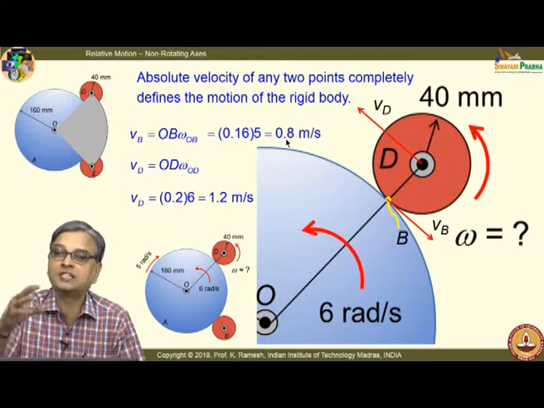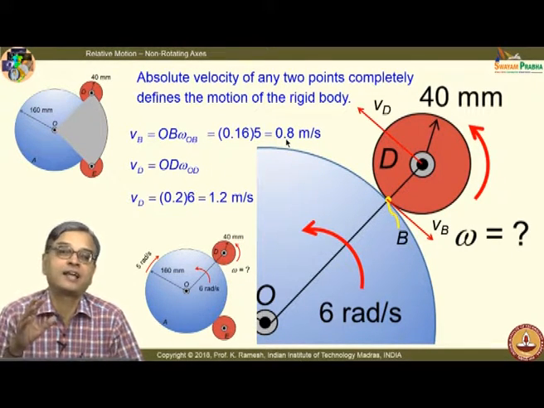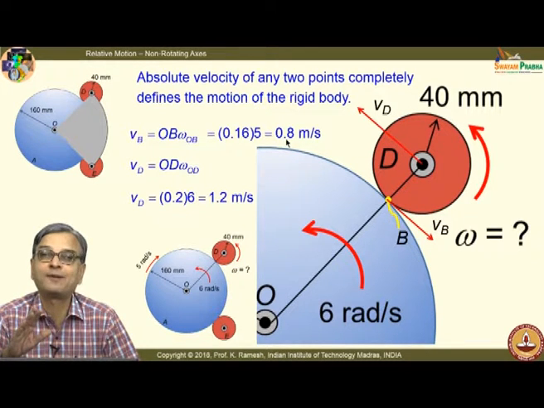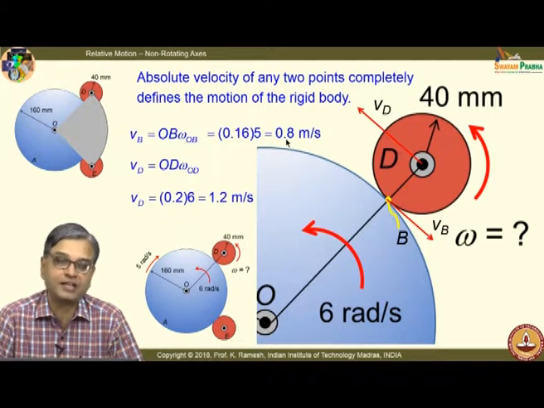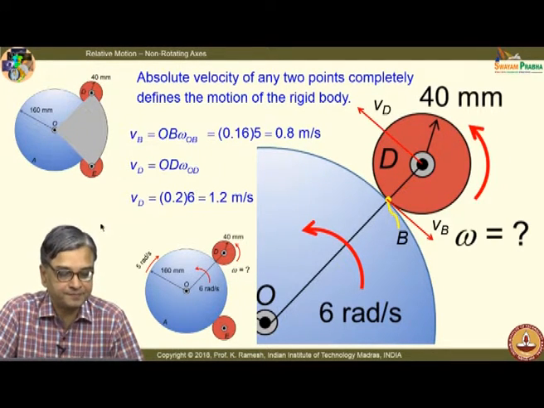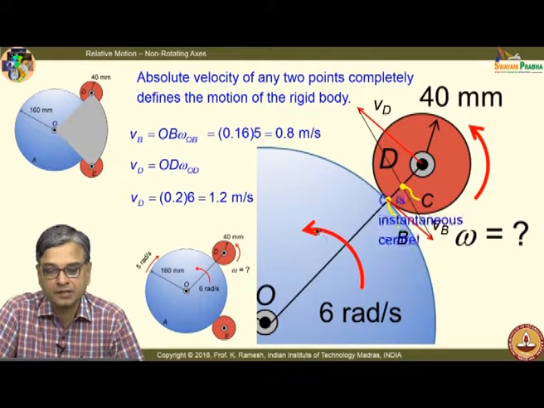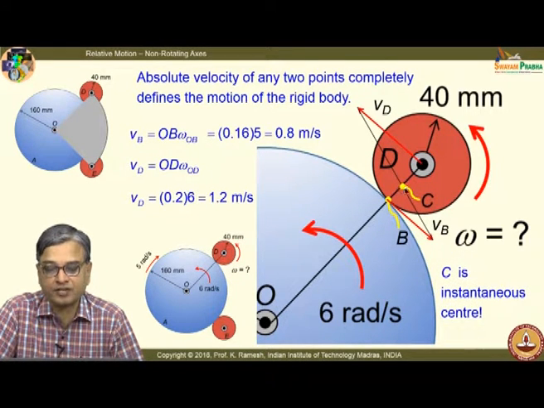So, on the smaller gear D, I have been able to find the absolute velocities of 2 points, and they are parallel and in opposite directions. So, it is easy to find the instantaneous center of rotation. This is the instantaneous center of rotation. I join these two tips and the base, and I have this as the instantaneous center of rotation.